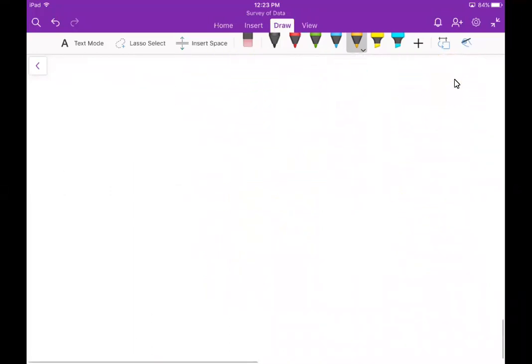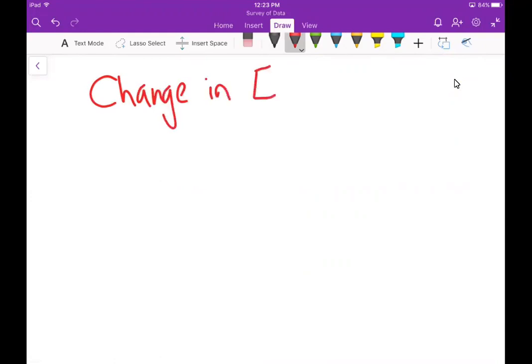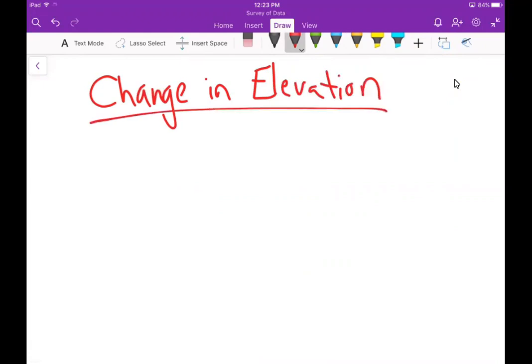Last application for section 1.5 is going to be change in elevation. And we break this one out because elevation is a little bit different because we want to talk about what kind of numbers we get when we're talking about elevation. So here are your two things to remember. Elevation can be reported as a positive or negative number.